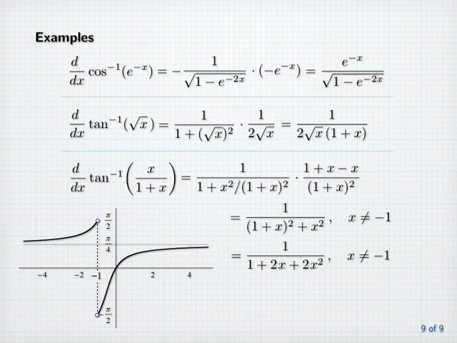So what we're seeing is a jump discontinuity at minus 1, but the derivative of the function has a limit as x approaches minus 1. It's easy to see that that limit is 1 over 1 minus 2 plus 2, or 1. So what's happening is that the slope approaches 1 as x approaches minus 1 from either side. So in a sense we have these parallel tangents to the two pieces of the curve at x equals minus 1.